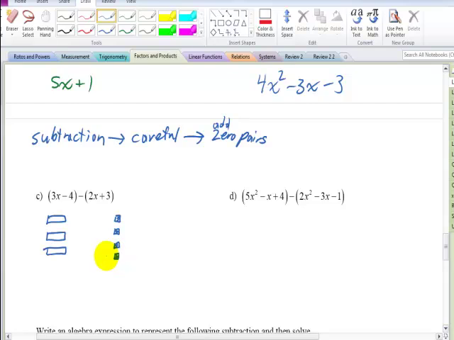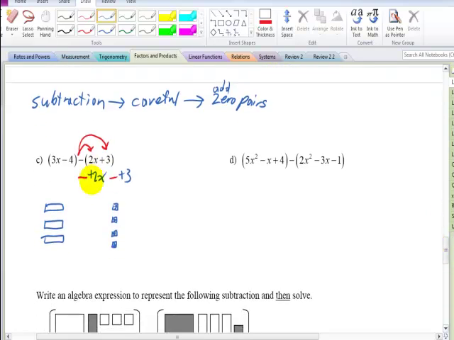Don't do anything else. So we are subtracting a positive 2x. We are subtracting a positive 3. Okay, and this is where it gets weird.